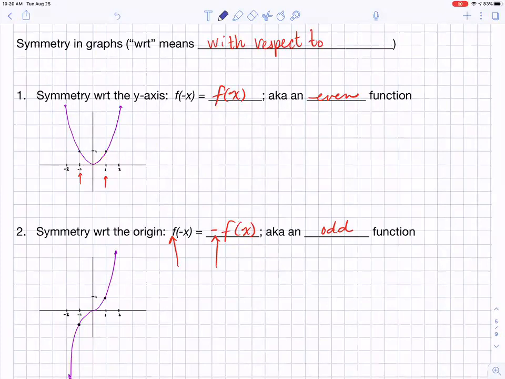Any multiple choice question on the test, the only way you can gain credit, and really this is for any question on the test, not just multiple choice, the only way you will gain credit for any answer on the test is if you have written work to back it up.